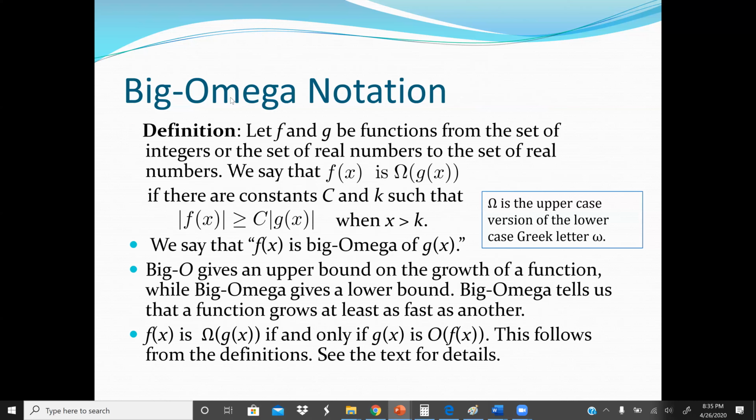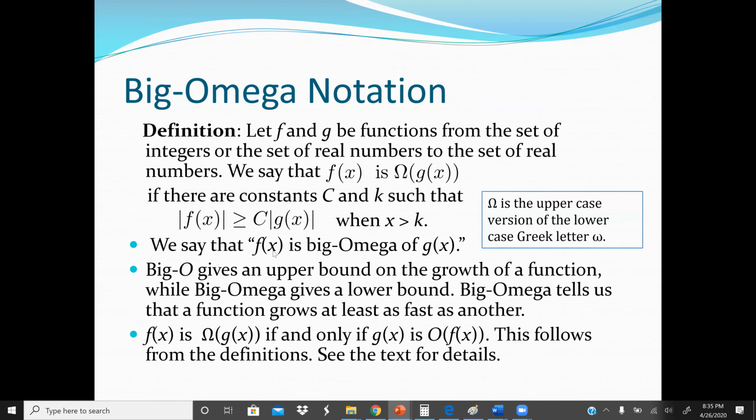So the next is the big omega notation. Here also we say if f and g are functions from the set of integers or the set of real numbers to the set of real numbers, we say that f at x is big omega g at x if there are constants c and k such that f at x is greater than or equal to c g at x when x is greater than k.